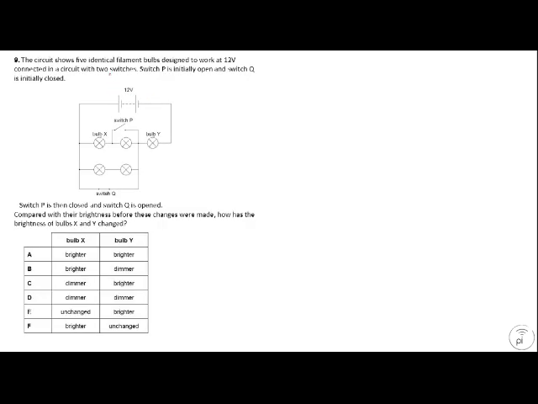The circuit shows 5 identical filament bulbs designed to work at 12 volts, connected in a circuit with 2 switches. Switch P is initially open and switch Q is initially closed. So the current will go in this way at the beginning.